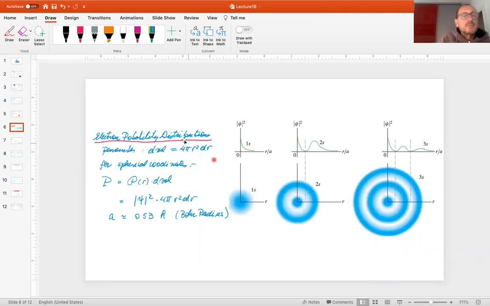It would be the sensible way to do. Let's talk now about electron probability distribution. Where does the electron lie? Because the thing that you can actually measure is the wave function squared. You cannot measure the wave function. You can measure the wave function squared. The wave function squared is a measure of the probability where you can find an electron around the nucleus.